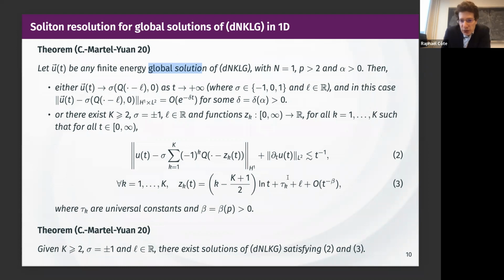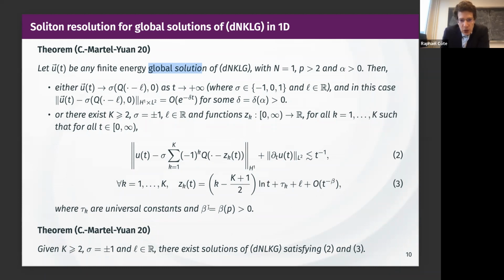Then you have a universal constant, t_k, which is independent of the initial data. Then you have an L, which corresponds simply to the invariance by translation. And then you have a lower order term, and these ones are no longer universal. But you see that the first two terms here are independent of the initial data.